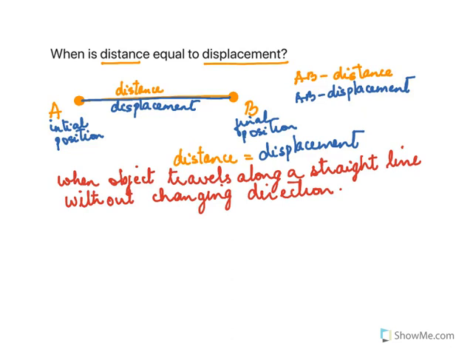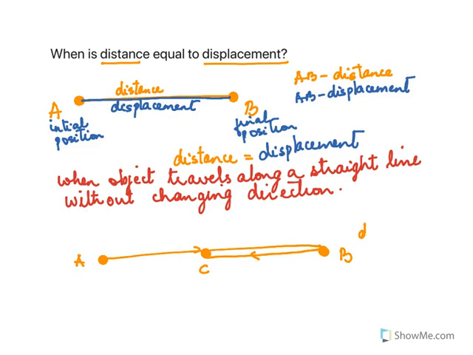Now what would happen if the object changed its direction? So I have point A here and I have point B. The object goes from A to B and then returns to, say, point C. Now we'll see what the distance and displacement are.